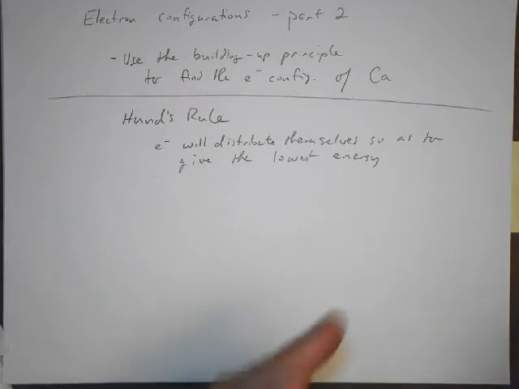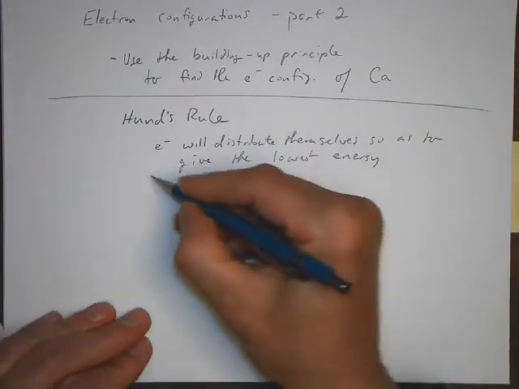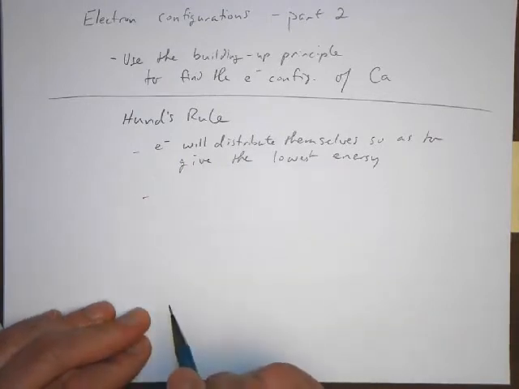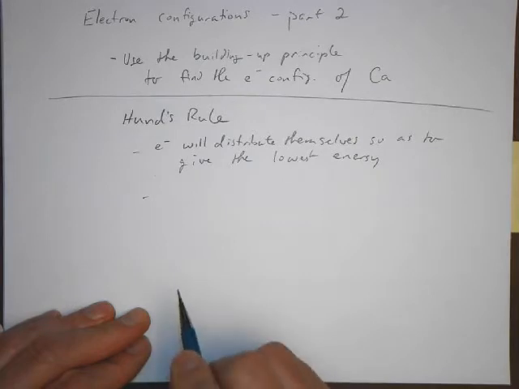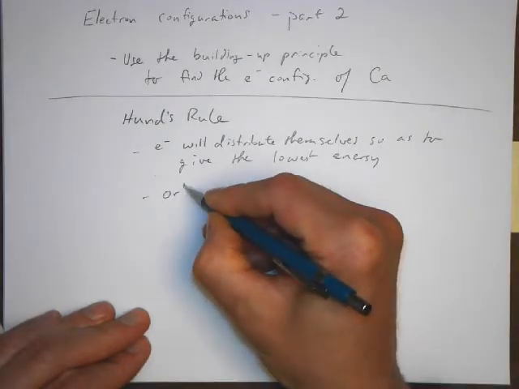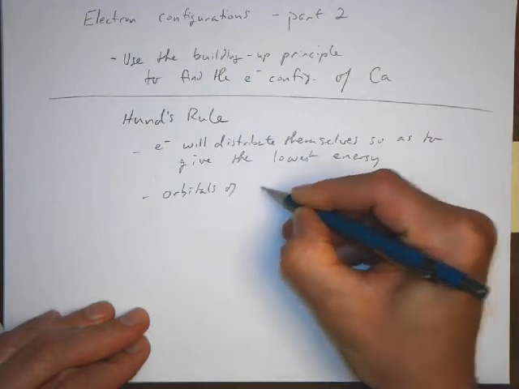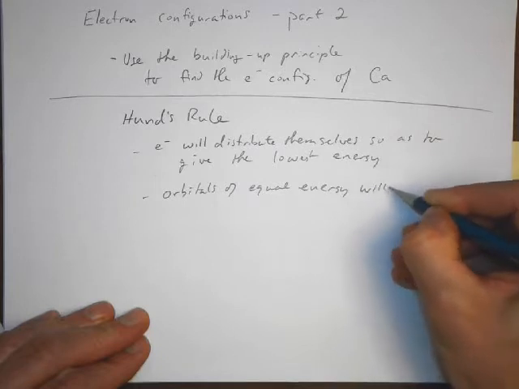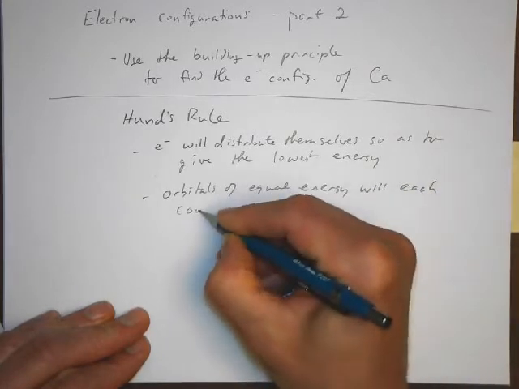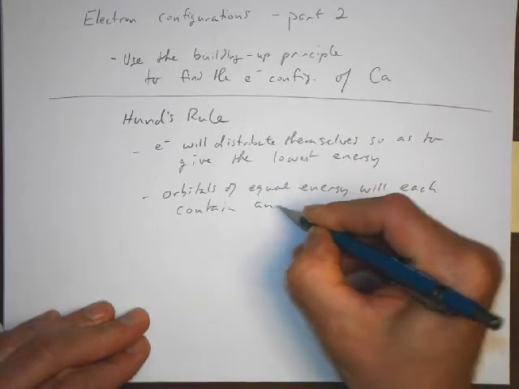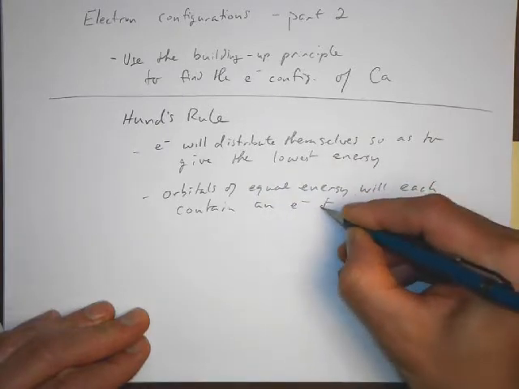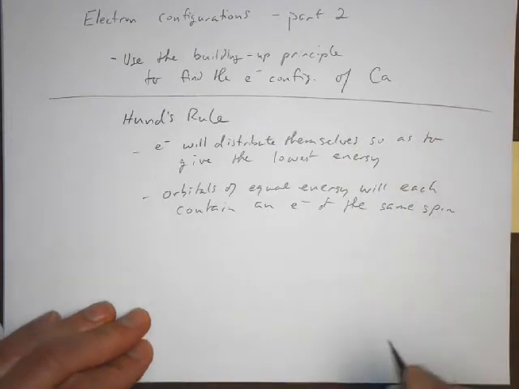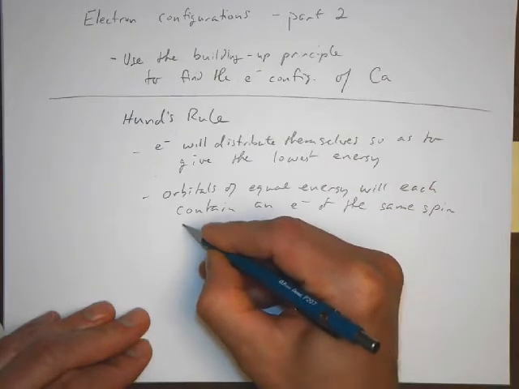Where this really comes in is with orbital diagrams, and it says that orbitals of equal energy will each contain an electron of the same spin before pairing spins in one orbital. So let's write that down. Orbitals of equal energy will each contain an electron of the same spin before pairing spins in one orbital.